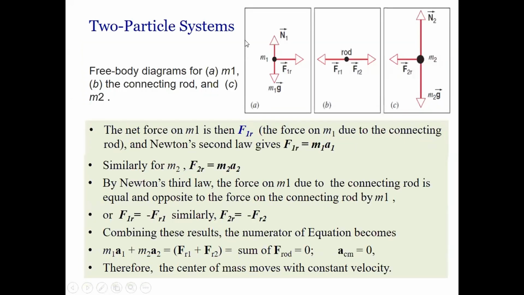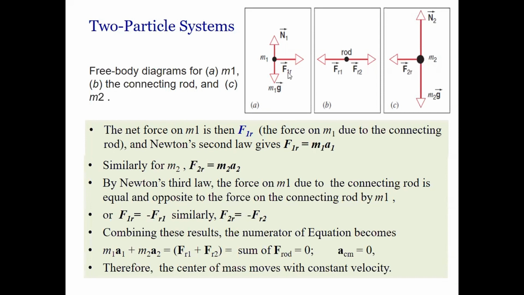Let us elaborate further on the two-particle system in a more detailed manner and draw a free body diagram for M1, then for the connecting rod, and then for M2. Here, the first diagram is for the mass M1, and we can see the net force F1R.